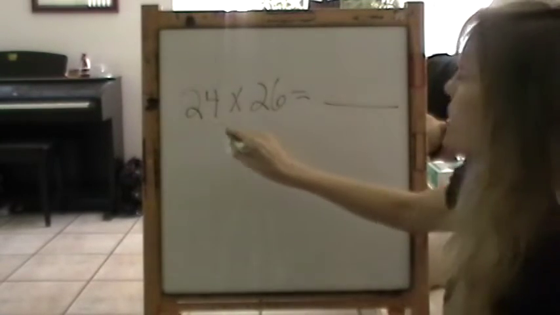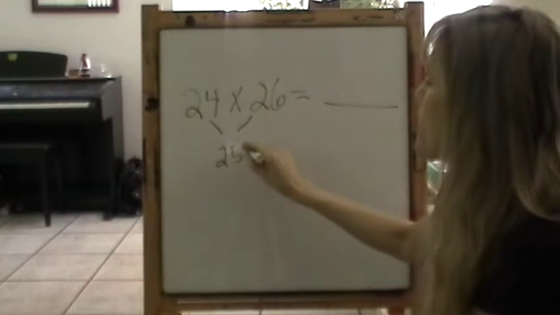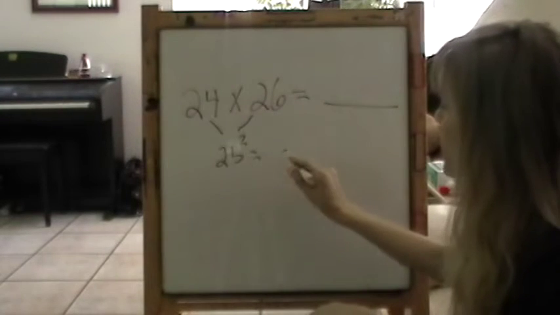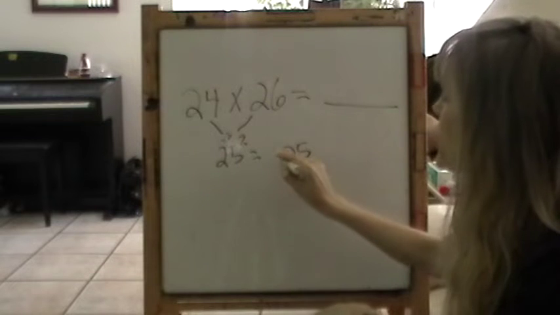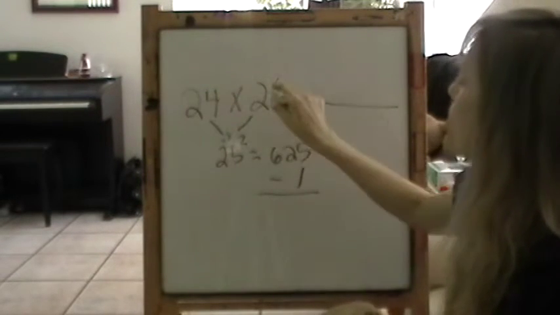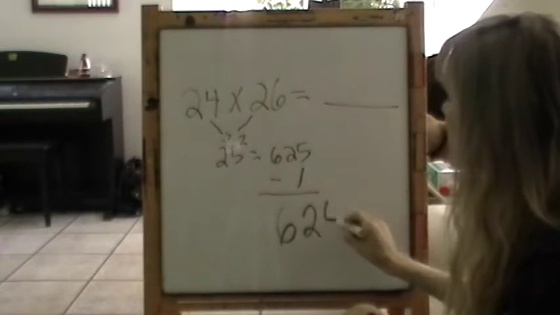Very simple. The number between 24 and 26 is 25. What's 25 squared? We've already learned how to do that. 5 squared is 25, and 2 times the next number up, 3, gives 6. We get 625. Again, subtract 1, and our final answer to 24 times 26 is 624.